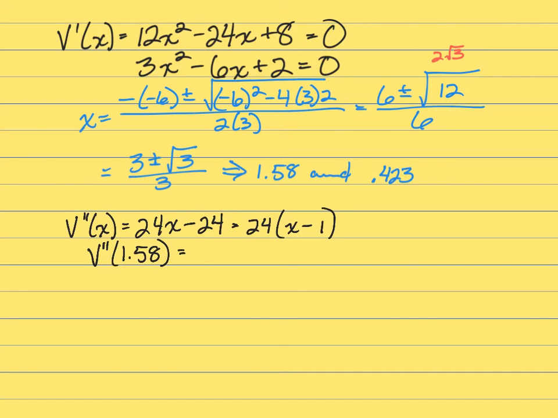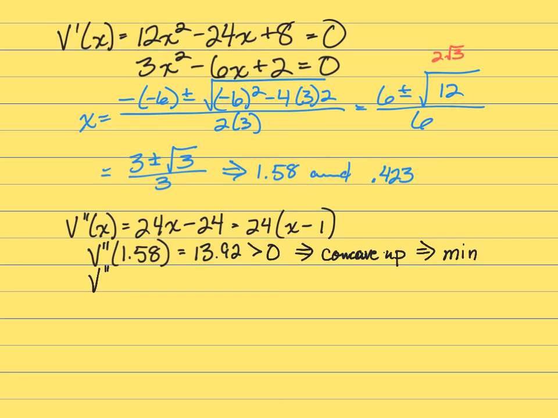And when we plug in 1.58, I'm getting a 13.92. What we care about is that it is positive. We care that the second derivative is positive, thus indicating that we are concave up. And the second derivative test implies that this is a minimum, right?